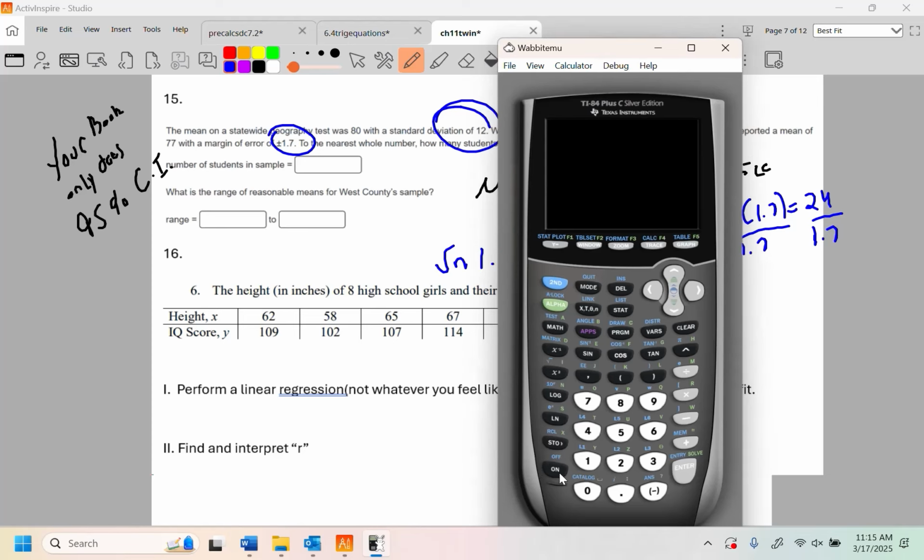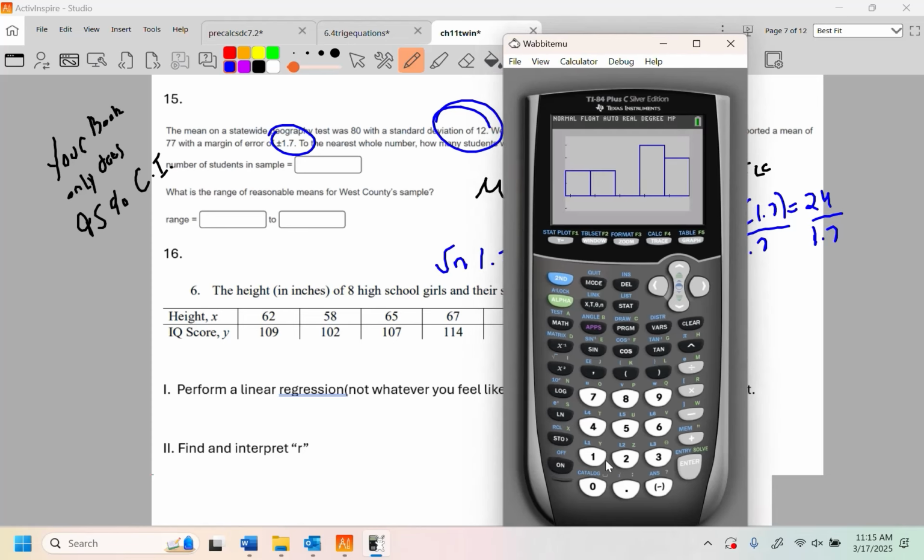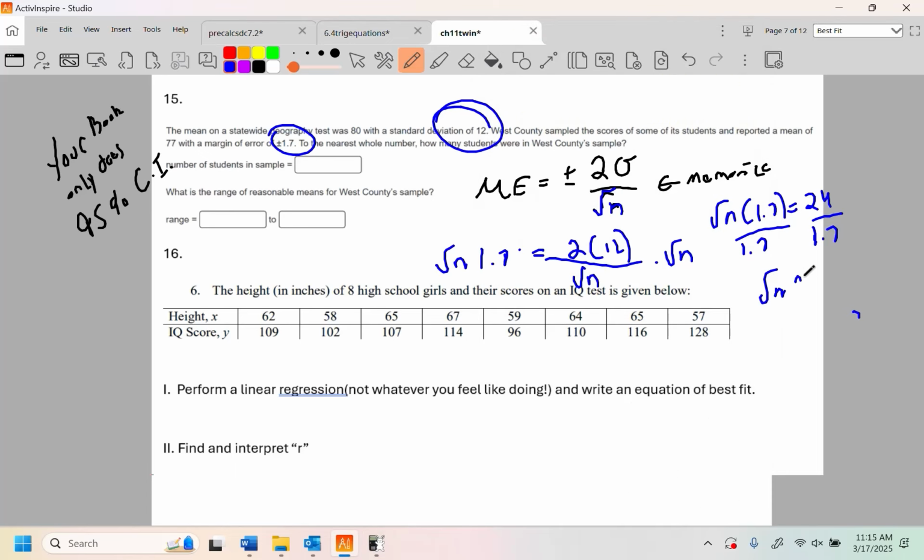Take 24, divide it by 1.7, and we get that decimal, 14.118. I won't round that. Root n is about 14.118, and the opposite of square rooting is to square.